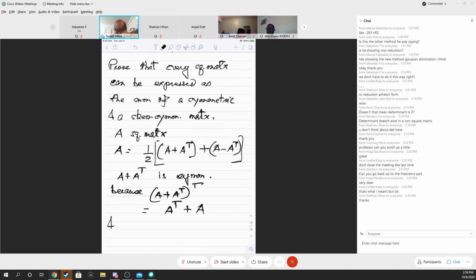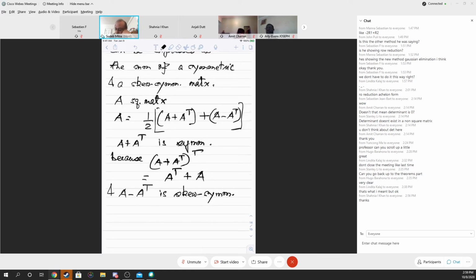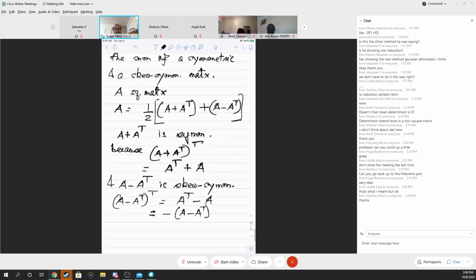And A minus A transpose is skew symmetric. Why? Because the transpose of A minus A transpose is A transpose minus A transpose transpose, that is minus of A minus A transpose.